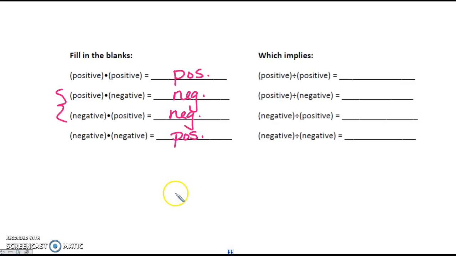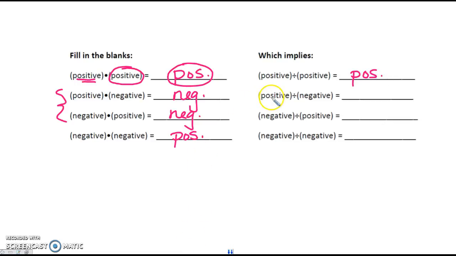There we go. And you know, division is the inverse operation of multiplication. They're opposites. So if I take a positive answer and divide by a positive number, I should get a positive answer. Okay?